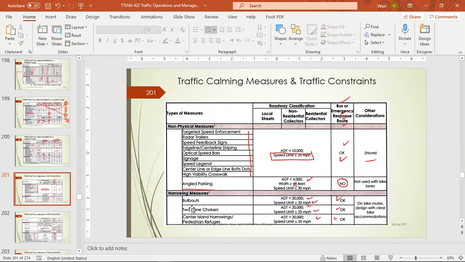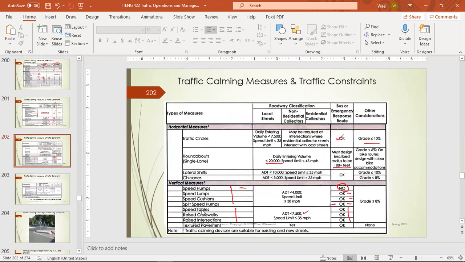Here, for example, the traffic circle is for volumes. If it's a local street, less than 7,500. If it's a non-residential collector, it may be required at intersections where residential collector streets intersect.